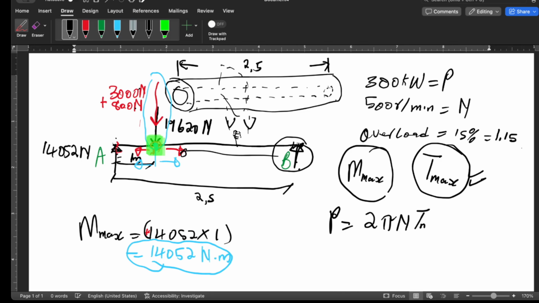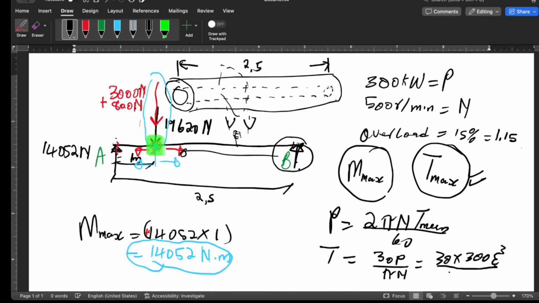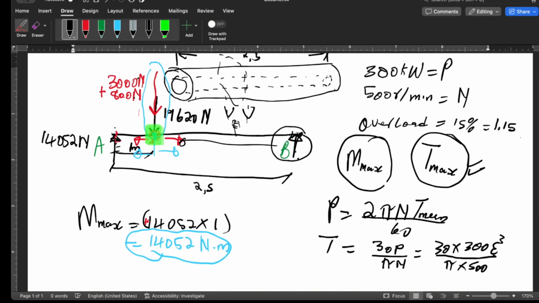P equals 2 pi n T mean all over 60. So it means T mean is equals to 30 P over pi n, which will be 30 multiplied by 300 exponent 3 all over pi times 500. And what do you get as your torque?